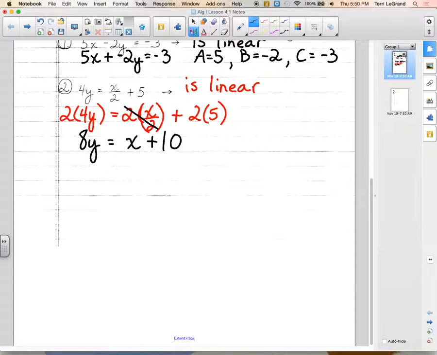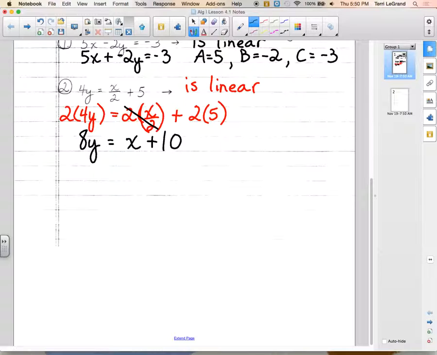Okay, now remember what I said, we want the a value, what x is being multiplied by, to be a positive integer or a counting number, a natural number. Right now it's 1. There's an invisible 1 here in front of our x.